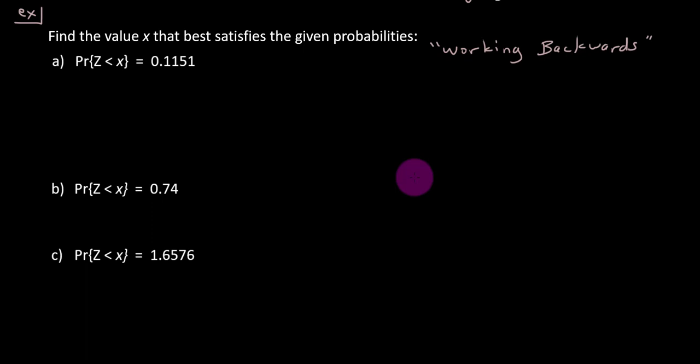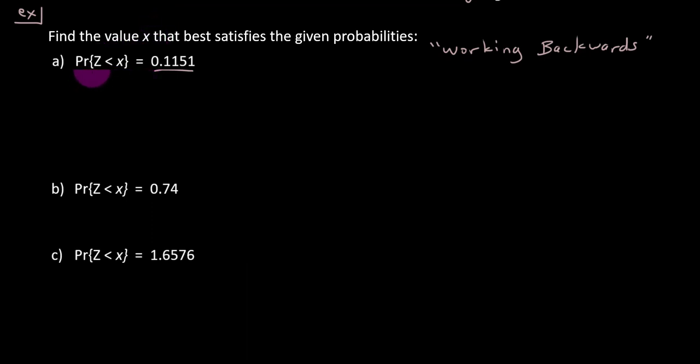So in this case, notice with part A, we were actually given the probability, 0.1151. So we're not finding probability.